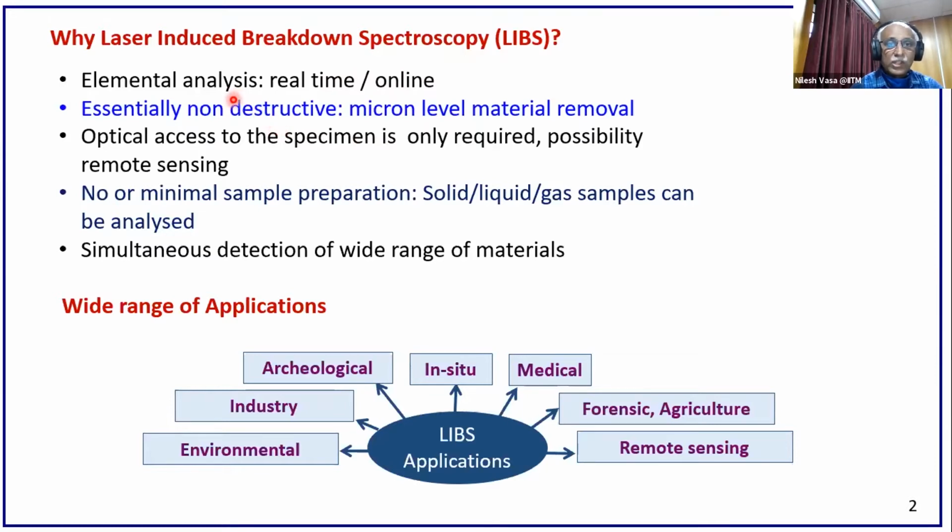So basically the process is based on ablation. High energy power lasers can be used to ablate the material, and then we try to see how it can help us to analyze the material. This is the idea with which LIBS started coming into the picture.